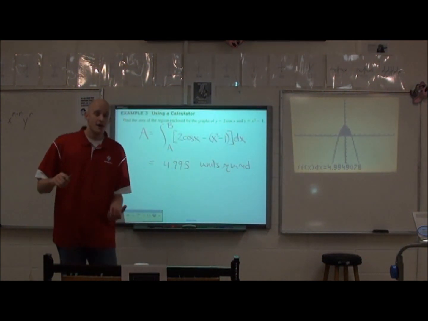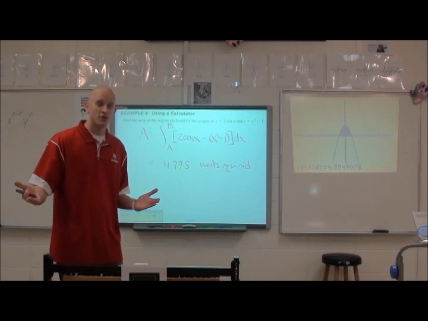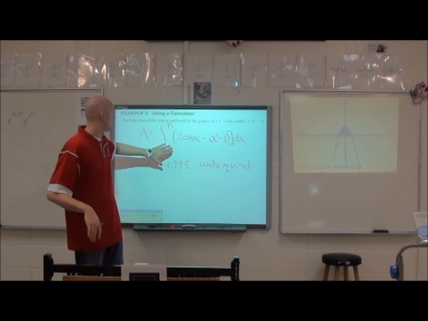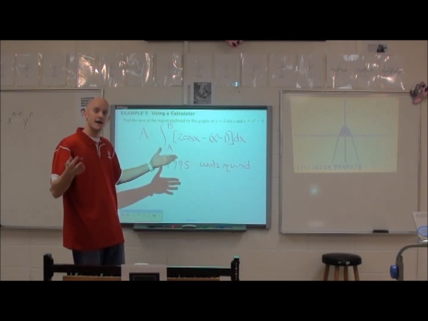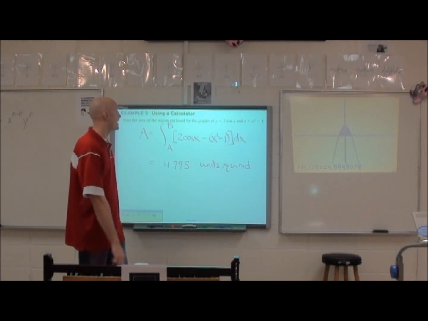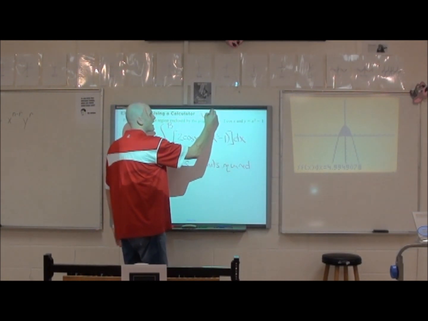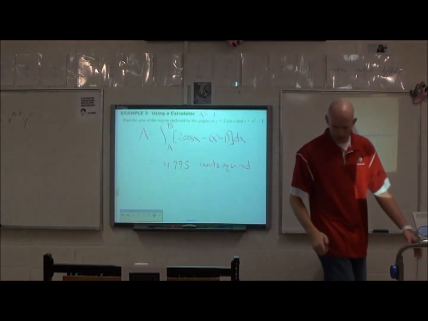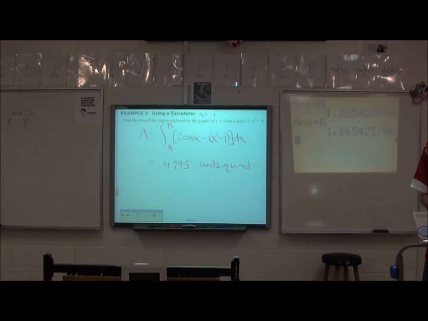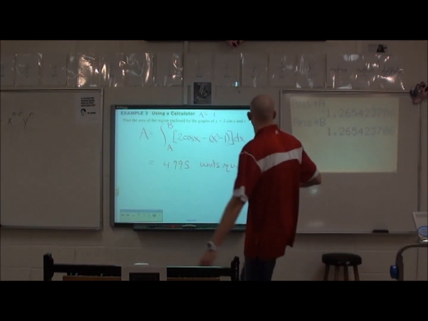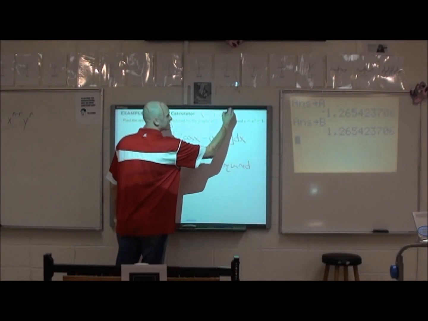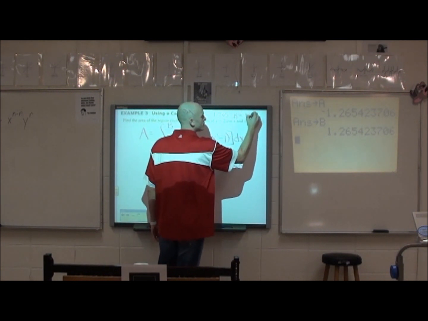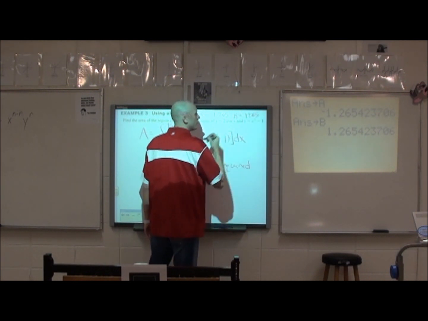Now, on an actual AP test and on your test that you have in class, I want an approximation of what A and B are. If you write down their approximation, we will be fine. So you could say something like A is about, and I believe it was negative 1.265, and B is about 1.265.